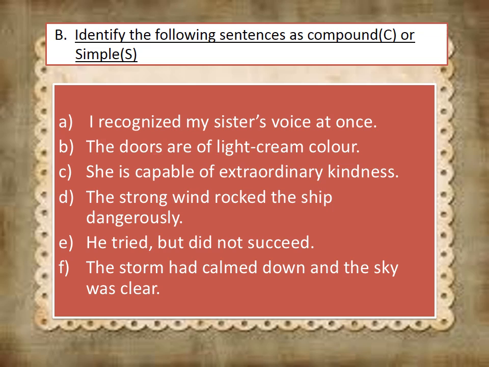But a compound sentence consists of two or more independent clauses. Coordinating conjunctions are used in compound sentences to combine the clauses. Some examples of coordinating conjunctions are or, nor, and, but, so, yet, etc.